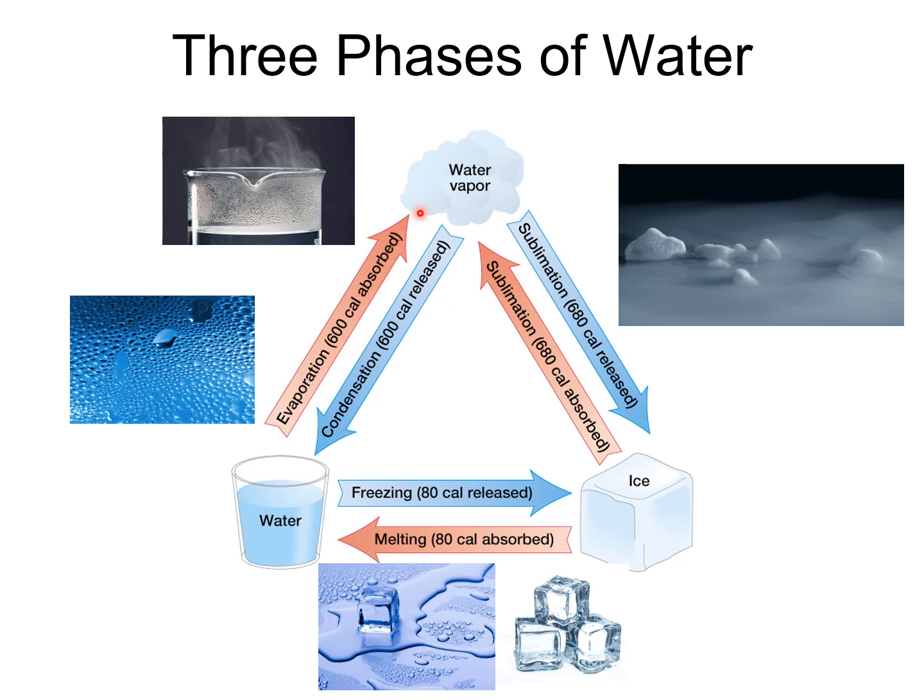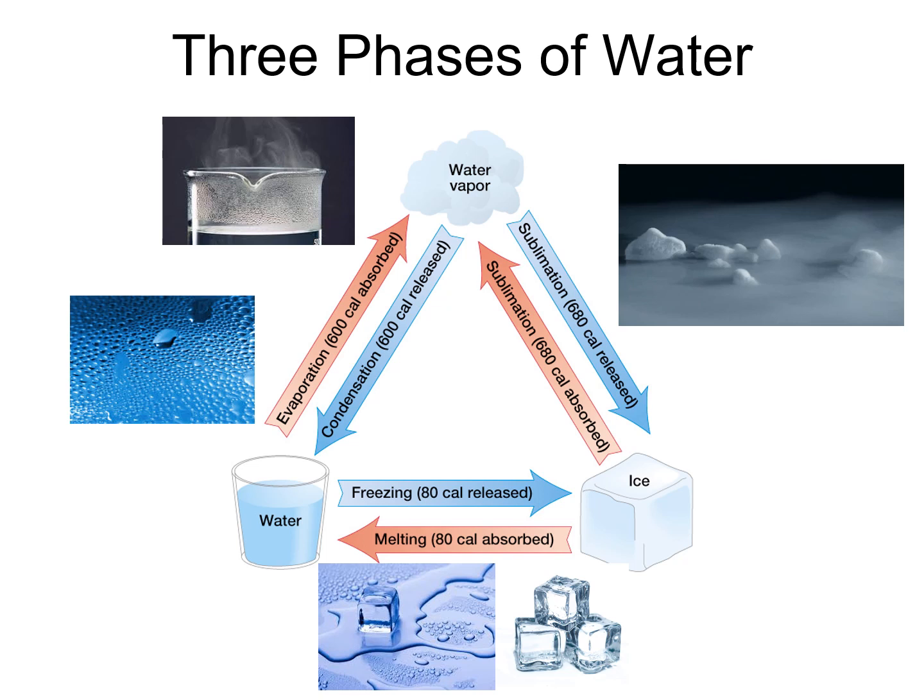So evaporation requires energy being put into the water, turning it into water vapor. And the energy, that hidden energy or latent energy, stays with the water vapor. If we went the other way and had water vapor release energy, that same amount of energy being released to the environment could turn that water vapor back into liquid water.